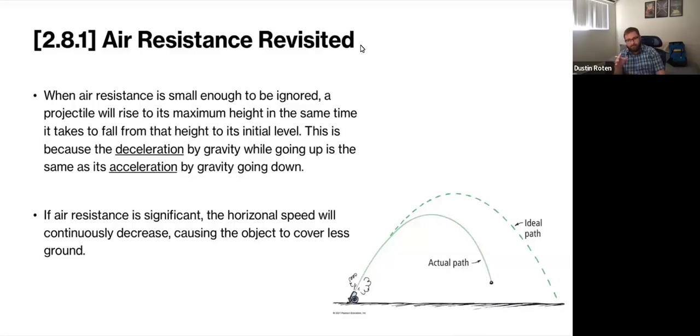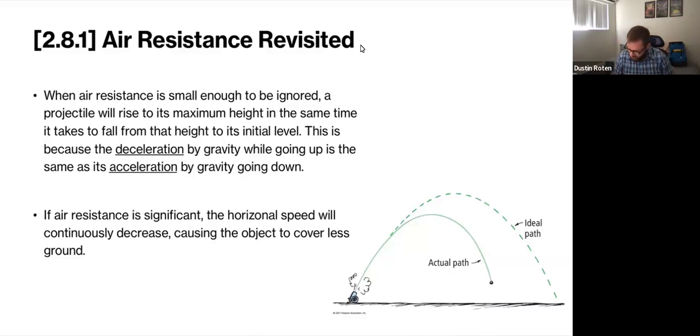So that being said, let's actually think about what happens if we do include air resistance. When air resistance is small enough to be ignored, a projectile will rise to its maximum height in the same time it takes for it to fall that height to its initial level.